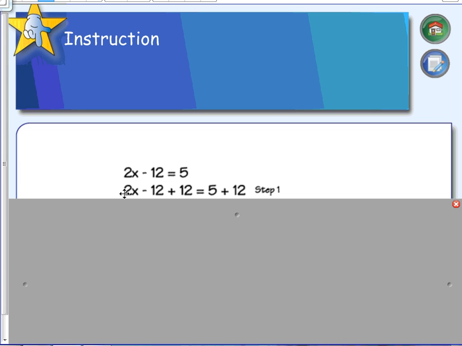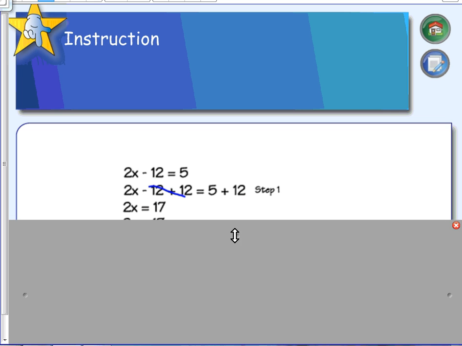If we add 12 to one side, we have to add 12 to the other side. These two cancel each other out, my negative 12 plus 12 goes away, and we are left with 2x equals 5 plus 12, which is 17.